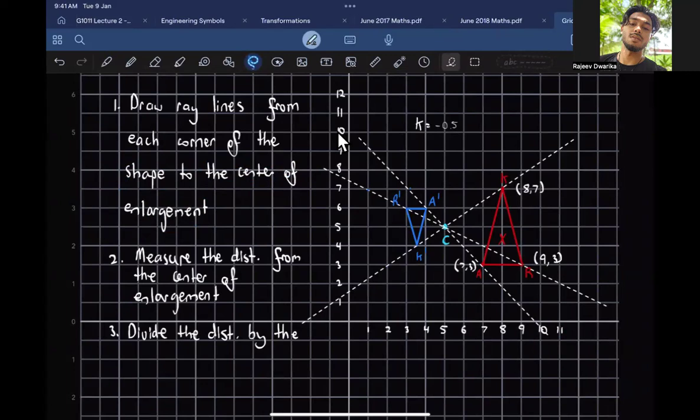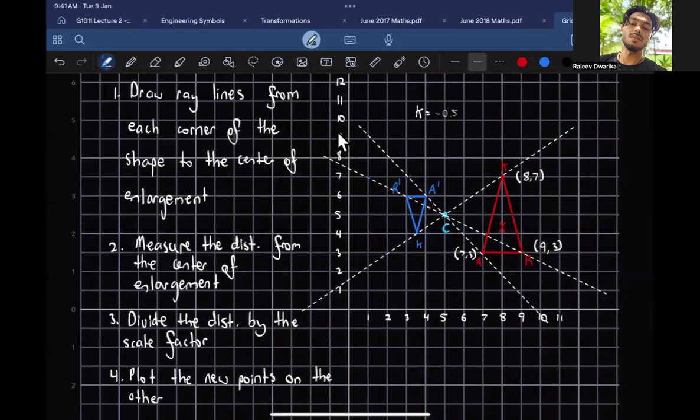Then I'm going to measure the distance from the center of enlargement. Then I'm going to divide the distance by the scale factor. Then I'm going to plot the new points on the other side.